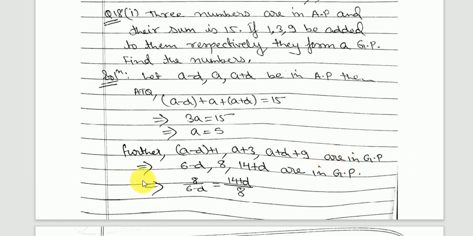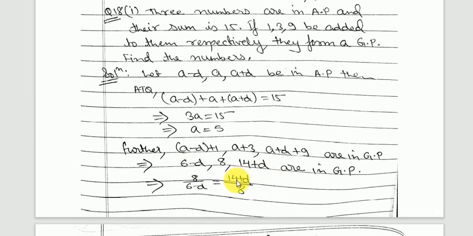Here I know the value of A, so I'll get 6 minus D, here I'll get 8, here I'll get 14 plus D in GP. Since these are in GP, that means 8 upon 6 minus D is the common ratio, and also 14 plus D upon 8 is the common ratio. So I can equate them, cross multiply, solve it.